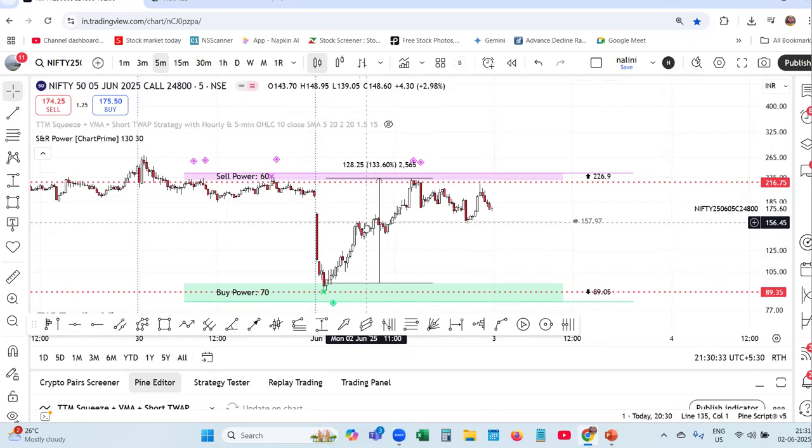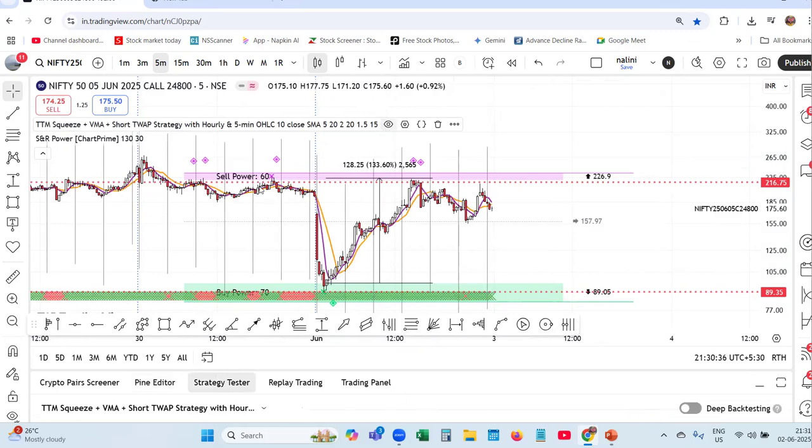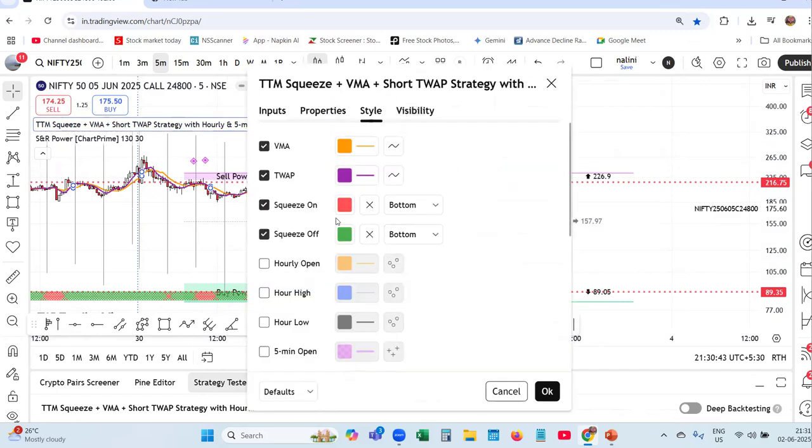And I'm enabling my indicator, that is TTM Squeeze, which I've combined with the Hourly Separator. I need to enable it now. Here, variable moving average, TWAP, and this is momentum squeeze on. At the bottom, you can see squeeze off.